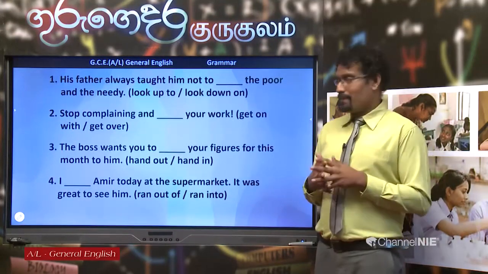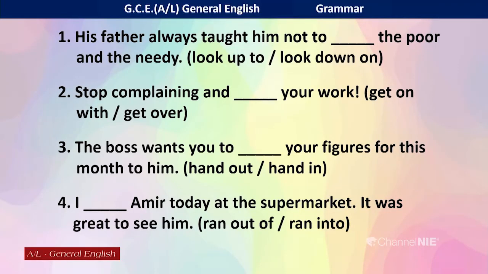Right, another activity. You have been given sentences to find the answers for. His father always taught him not to blank the poor and the needy. So, you have been given look up to and look down on. Stop complaining and blank your work.